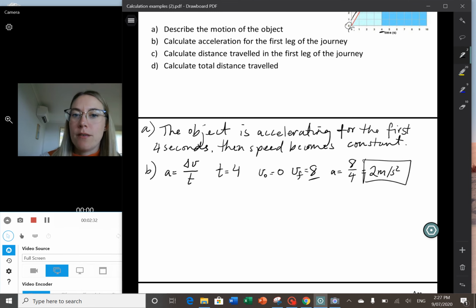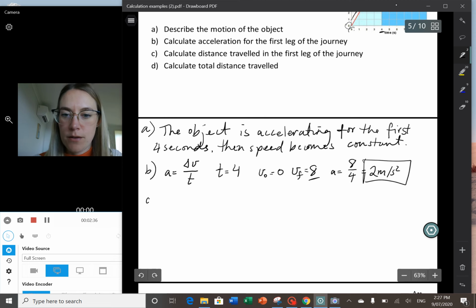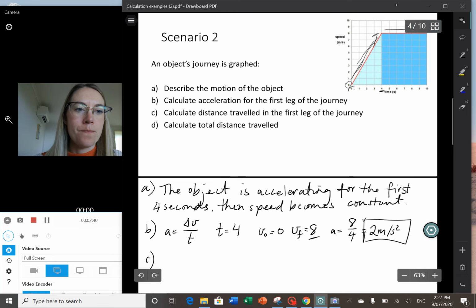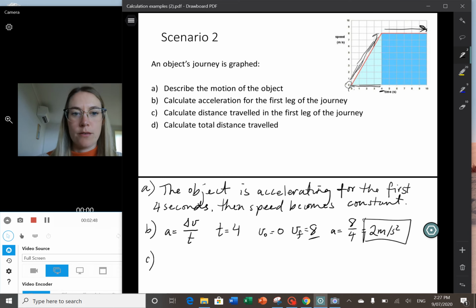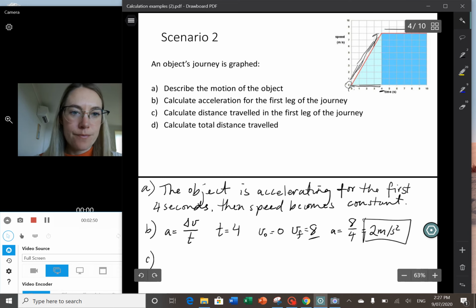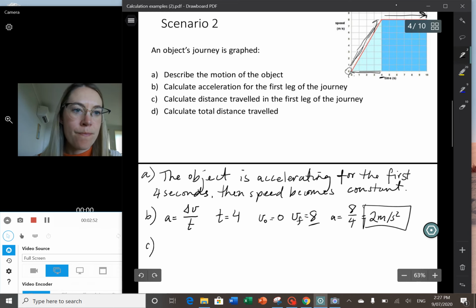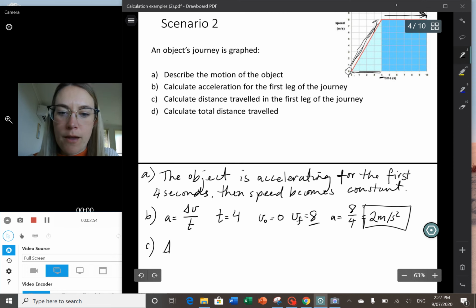Next, we're asked to calculate the distance travelled in the first leg of the journey. We can actually do this using the graph. We can calculate the area of this triangle, and that will give us the distance travelled. So the formula for calculating the area of a triangle is half base times height.